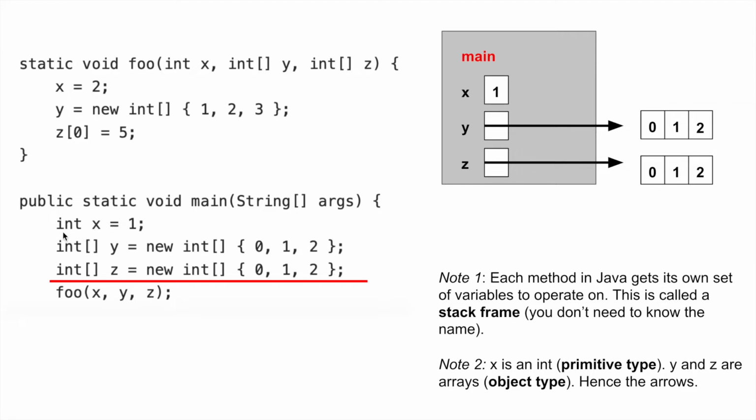If you have a variable that is among a very small set of types, usually representing numbers, like ints, floats, doubles, things of that sort, we refer to that variable as being a primitive variable or a primitive type. And you can see here that this int x is one of those few primitive types. It's an int.